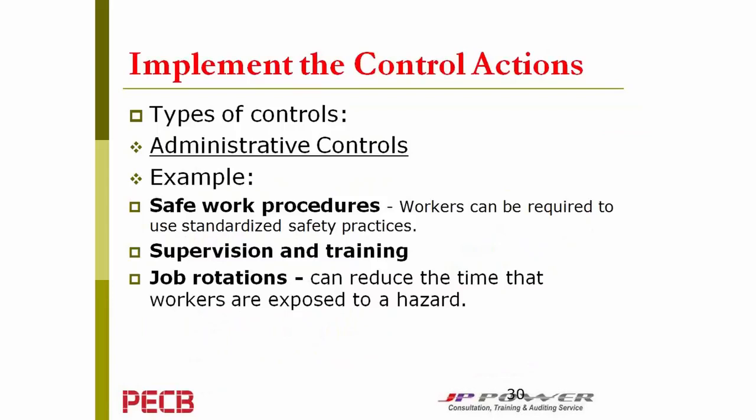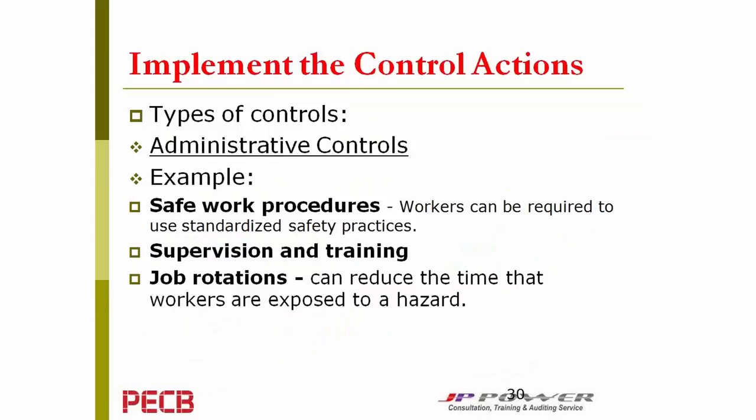In this example here, a couple of examples of administrative controls, such as we could prepare safe work procedures. We can display these safe work procedures at the workplaces where the workers are required to follow the standardized safety practices as stated in the procedures.